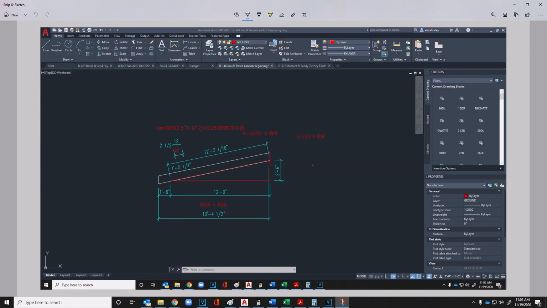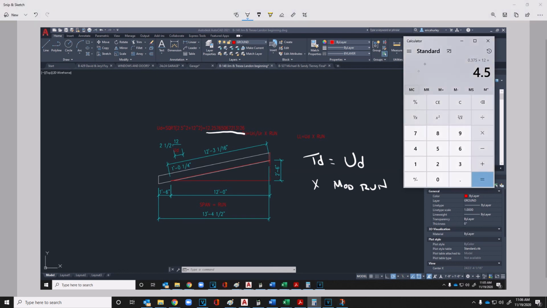So to find out what our total diagonal is, it's going to be our unit diagonal times our modified run. Did I save that? Memory recall? Yes, I did. Good deal.